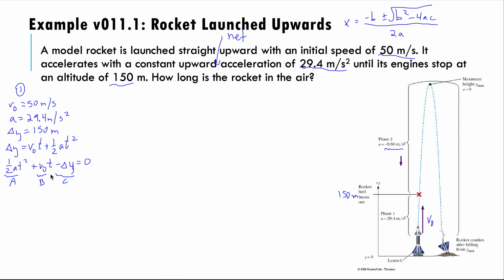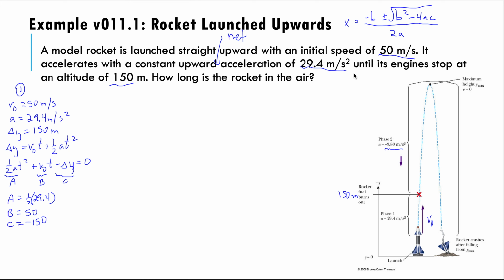I'll go ahead and define them so that I don't have to rewrite the whole quadratic formula. a is going to be 1/2 of 29.4, b is going to be 50, and c is going to be negative 150.